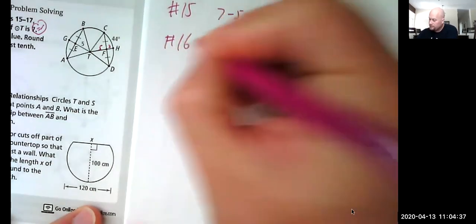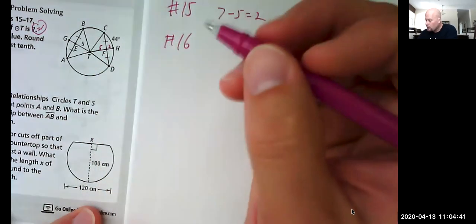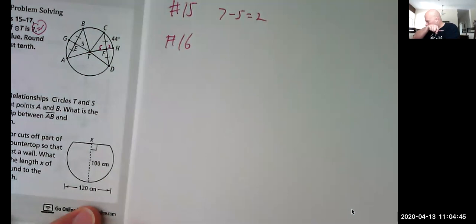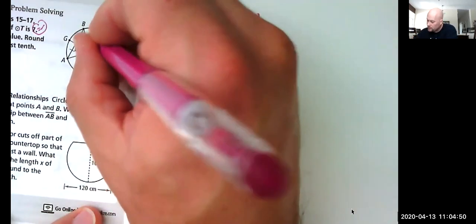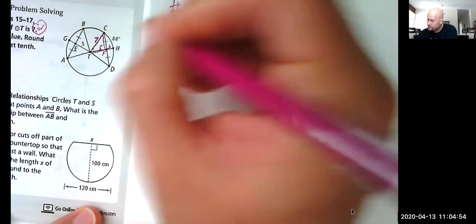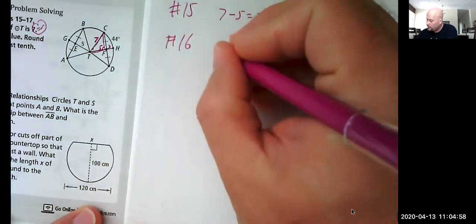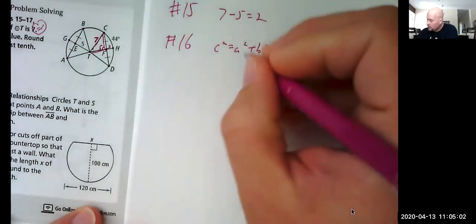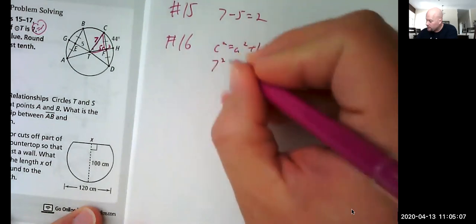Number 16, CD. That's this piece here. Well, we don't have that whole thing, but we do know the radius is 7. So I'm going to go ahead and use this triangle here. That's a right triangle. So we have C squared equals A squared plus B squared, and C is going to be the 7.